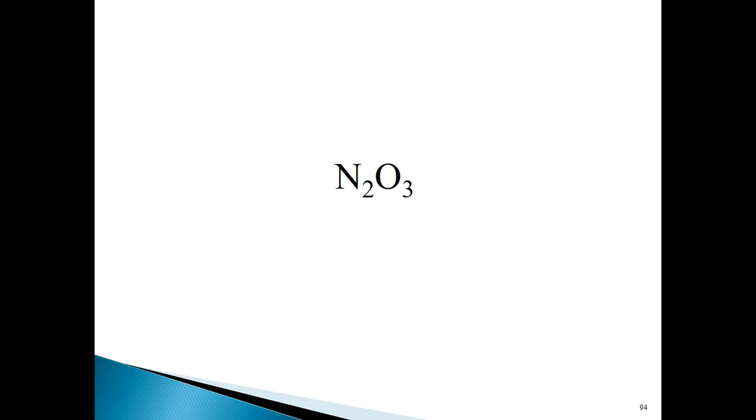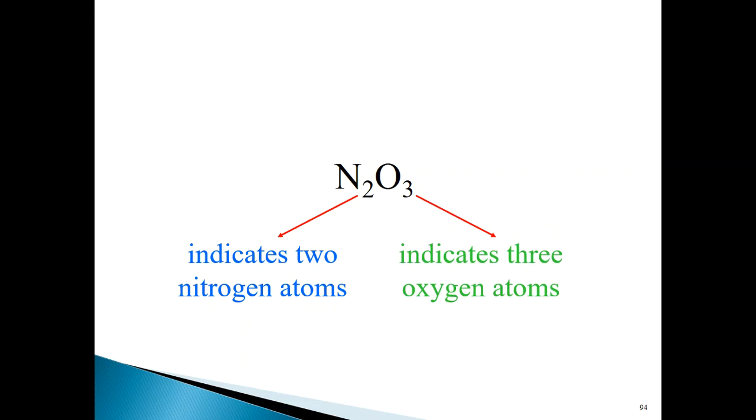So here are some examples. Let's take this one, N2O3. Let's say you're given the task of naming this compound, all right? So what we do is that we identify the first element, which is nitrogen, and there are two of them, 2 nitrogen atoms in the formula. And the second element is oxygen, 3 of them, all right? And then basically we have to put them together.